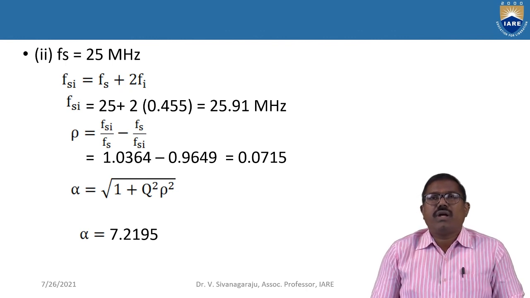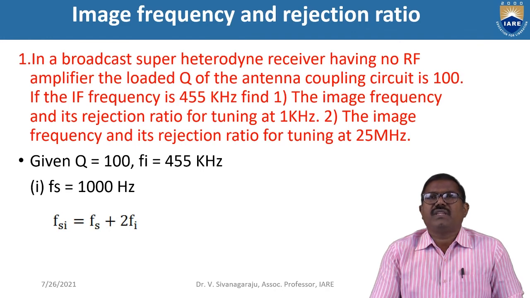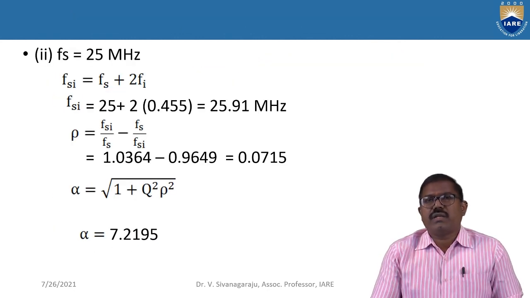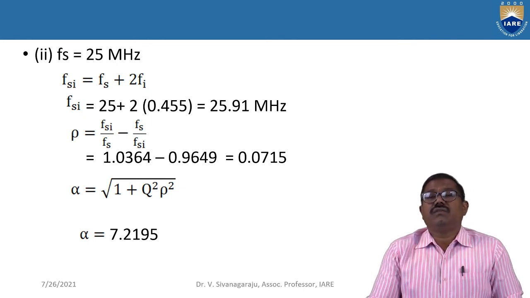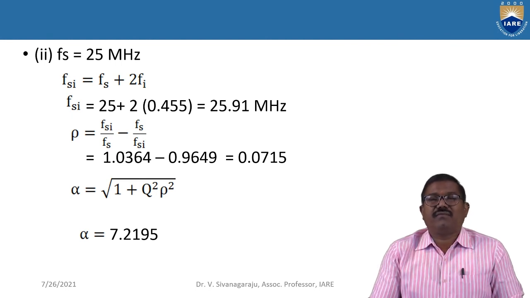The Q value is given as 100, so we substitute Q square, 100 squared, into rho square, that is 0.0715 whole squared. Using the calculator, we get alpha as 7.2195.